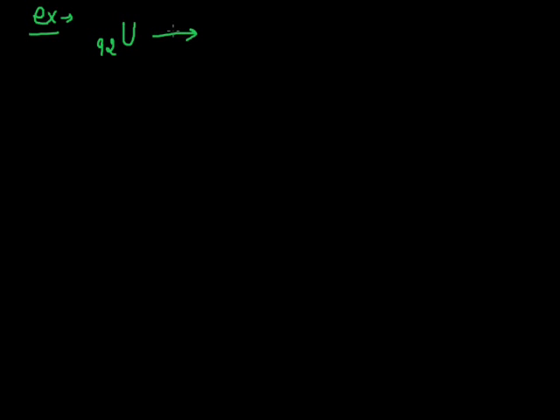Whenever it emits one alpha particle, the atomic number of the newly formed element will be 90, and I am going to consider this element as X. As we read initially, whenever the emission of one alpha particle occurs, the position of the newly formed element will be 2 positions leftwards as compared to the parent nucleus.